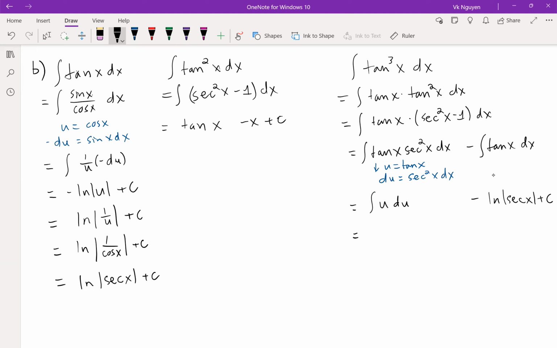The integral of u is u square over 2. And we just have to do the substitution. And we have 1 over 2 tangent square x minus ln absolute value of secant x plus c. Very cool.